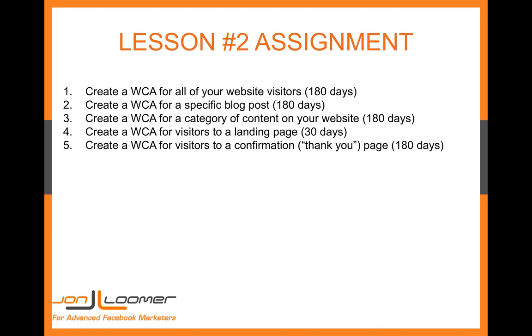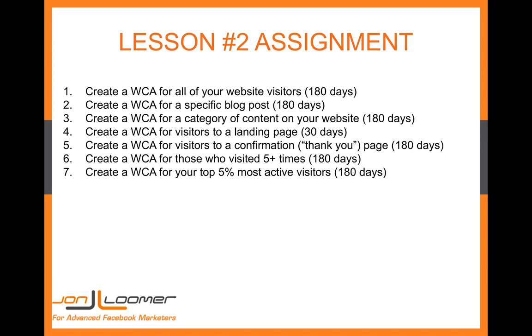Fifth, create one for visitors to a confirmation or thank you page. That's basically after performing some sort of conversion, so a page that they wouldn't see again. Sixth, create one for those who visited 5 or more times in the last 180 days. And then create one for your top 5% most active visitors.